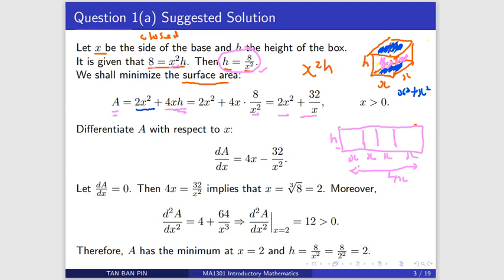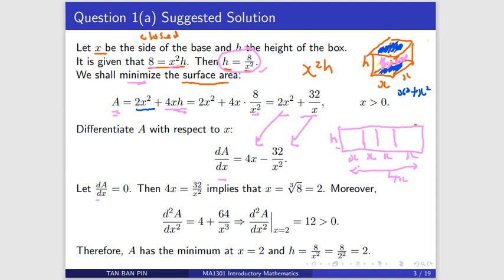So from here, you do differentiation to minimize area. Differentiate to find dA/dx. Differentiating 2x squared gives you 4x. Differentiating 32 over x gives you minus 32 over x squared.